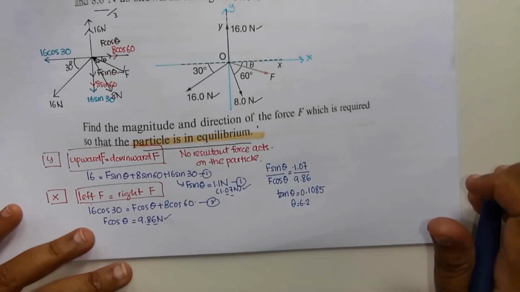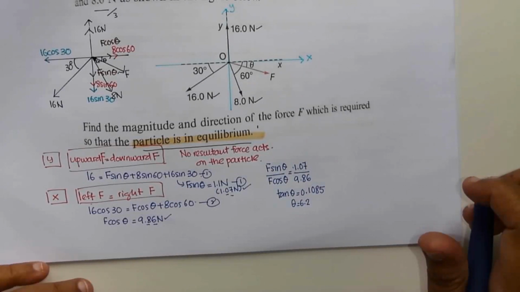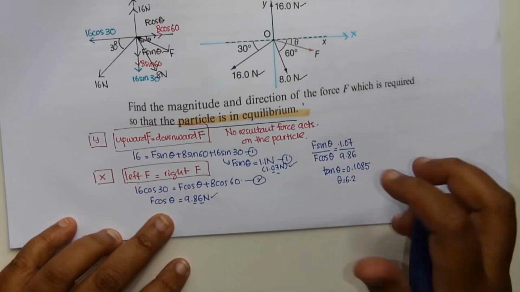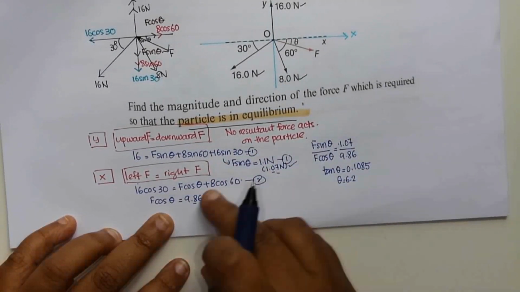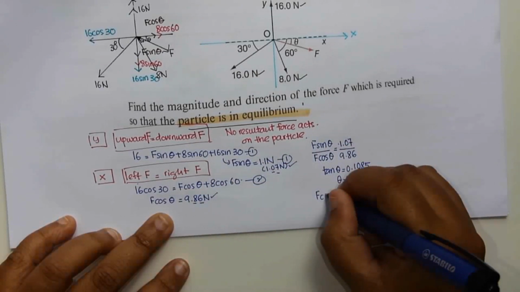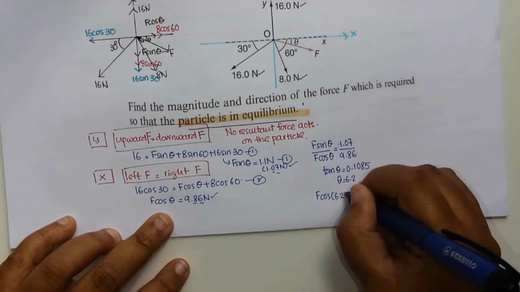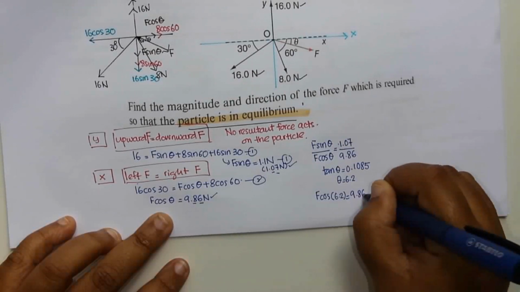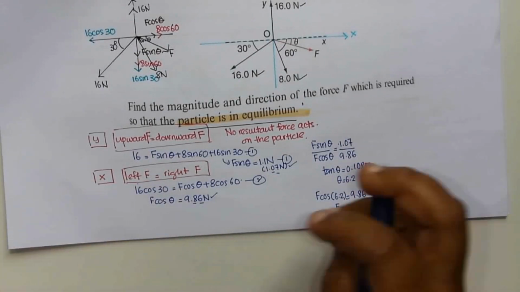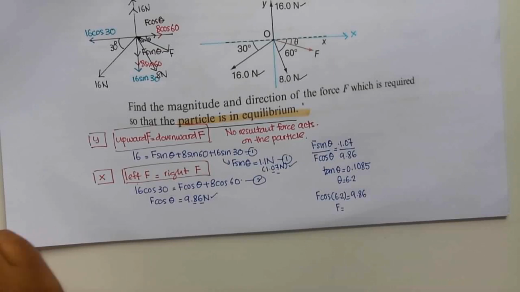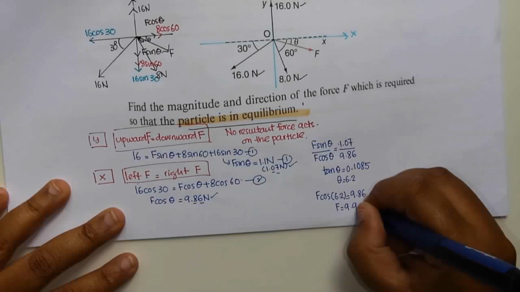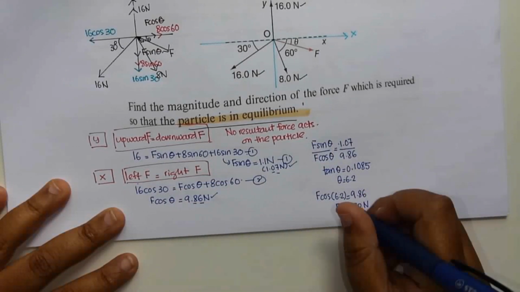Then, I already got theta. I substitute into one of these, whichever. F cos 6.2 equals 9.86, so F is 9.86 divided by cos 6.2. I get 9.92 Newton.